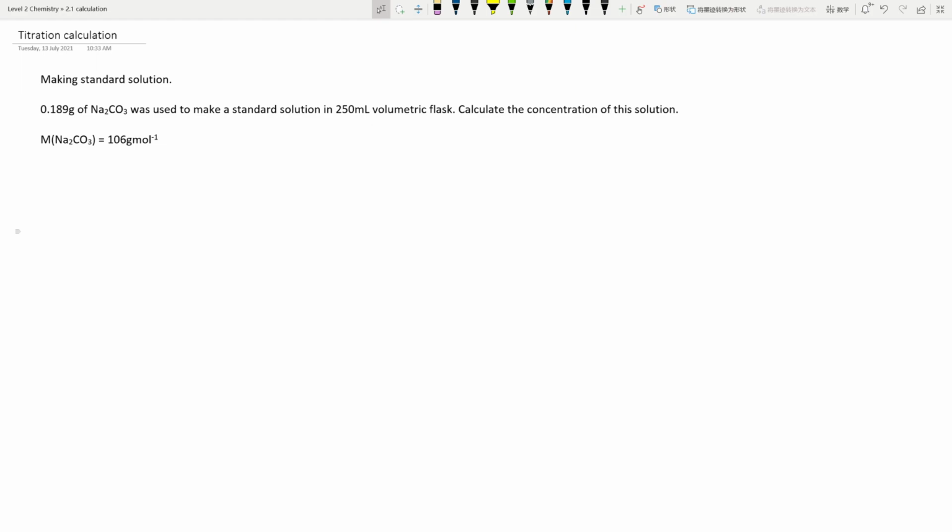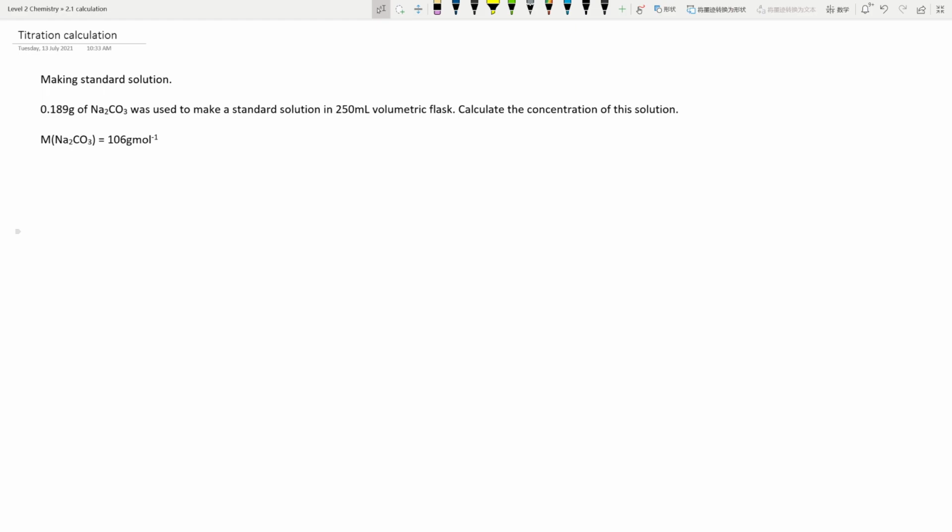How do we do that? You just measure a certain amount of it, dissolve it in water, and use the n equals CV equation to figure out the base's concentration. Then you can do a titration, because you always need to know the concentration of one of the solutions, which is your standard solution, and the two volumes.